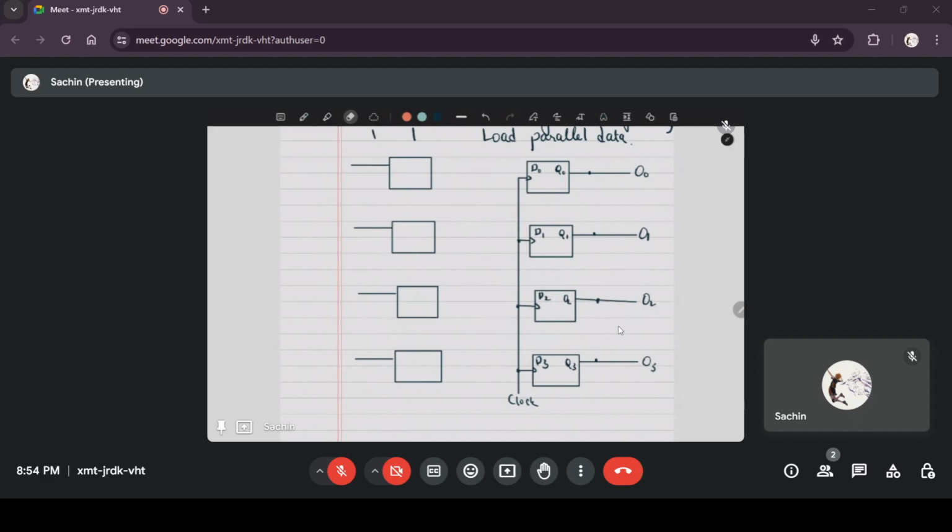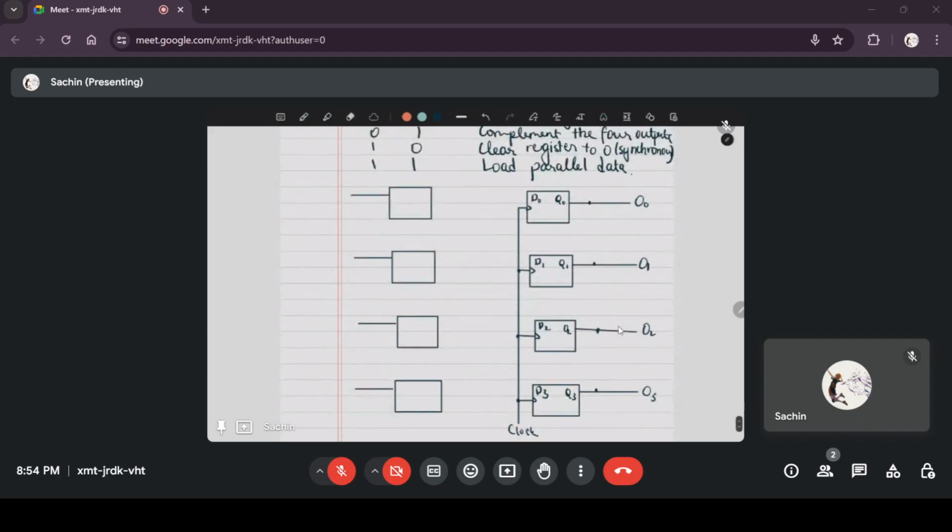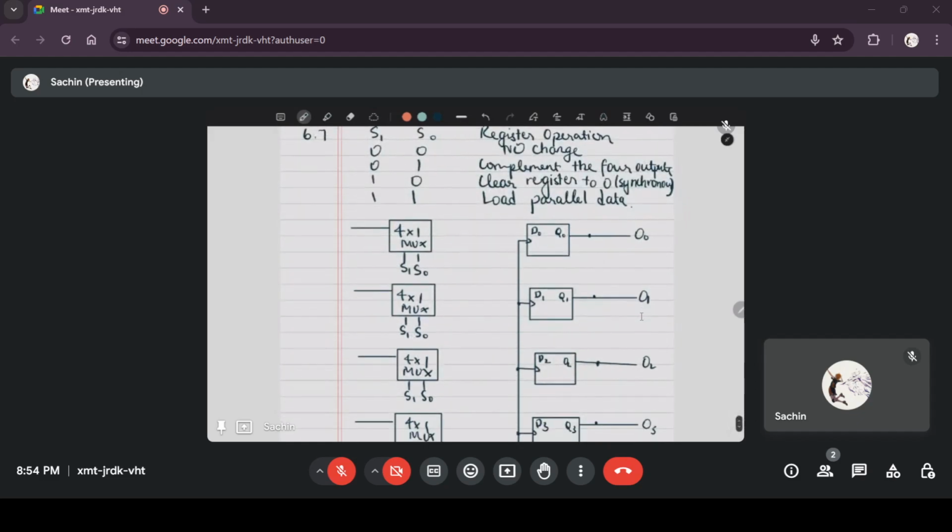Okay, you have four 4:1 multiplexers. You're giving the same control to all of them, S1 S0. And when S1 S0 is 0 0, there must be no change. So the first input should be O0, O1, O2, O3.